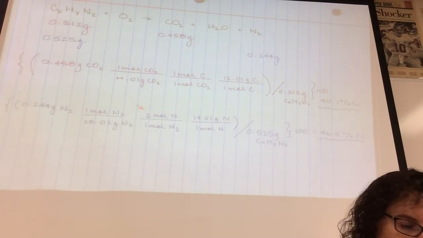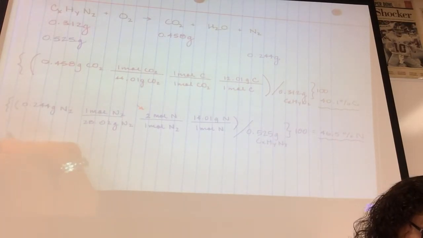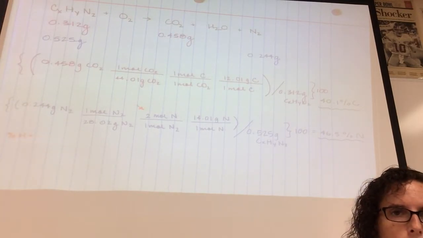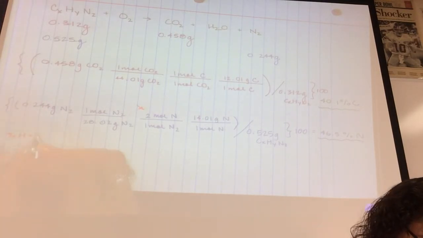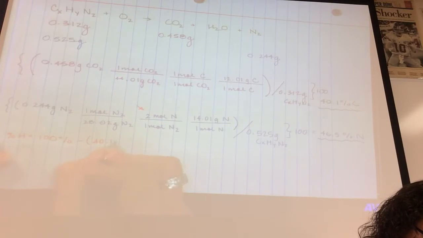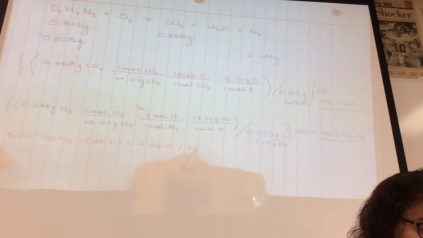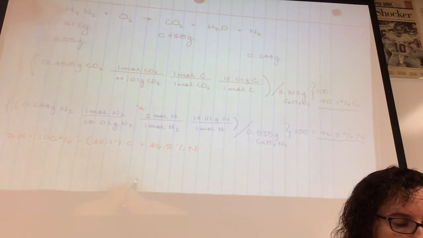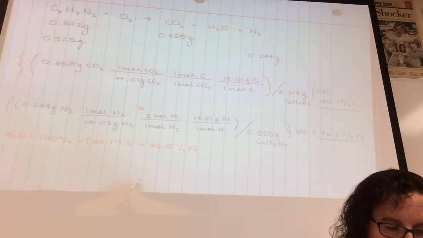And now to find the percent of hydrogen, what are you going to do? You got it. 100% minus the sum of those two. What about the oxygen? There is no oxygen in your dimethylhydrazine.